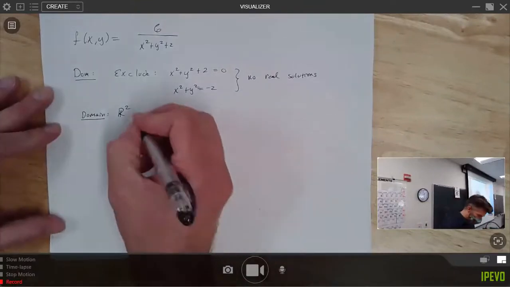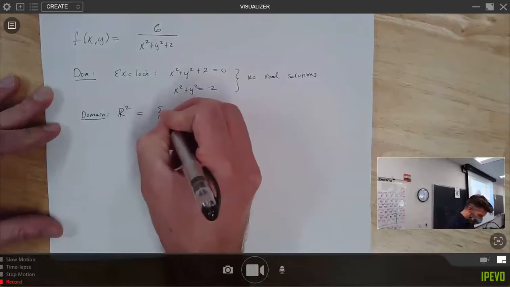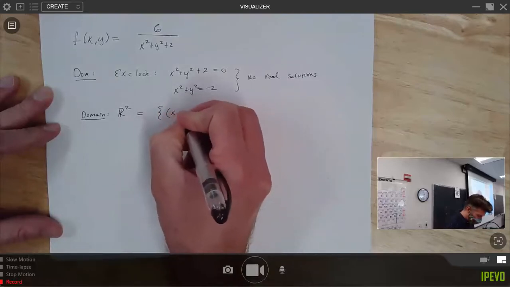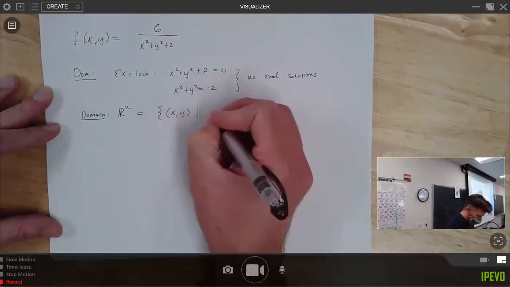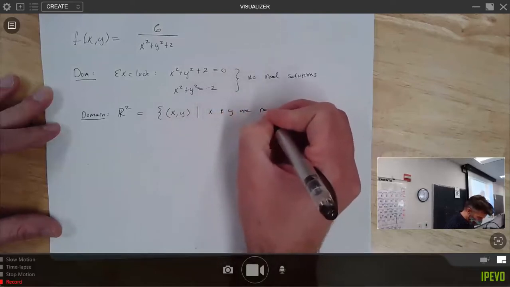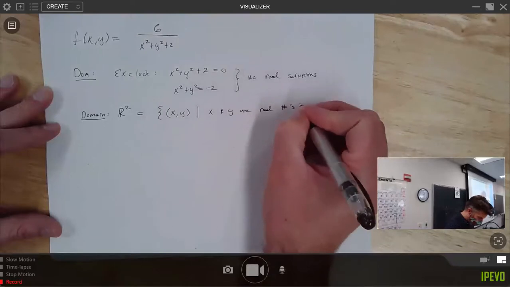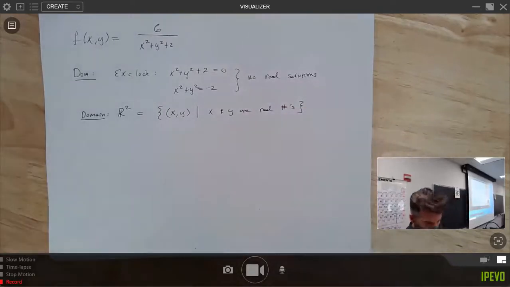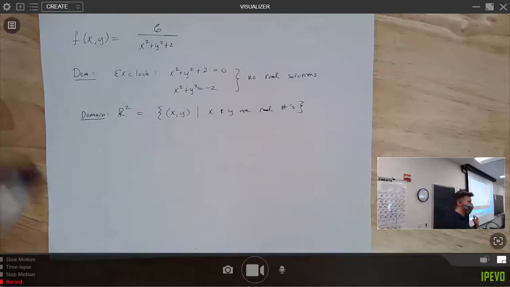The more lengthy way of writing your answer is the set containing all points x comma y such that x and y are real numbers. So that's our domain. No domain issues. We get the whole entire real plane R2.